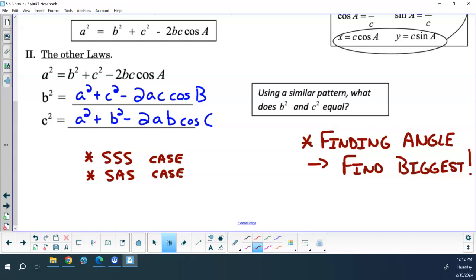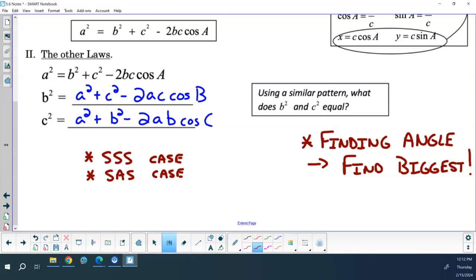So if we find the biggest one first, then when we go to the law of sines to find the second angle, it's there for us in the land of sine, which is quadrant number 1 and quadrant number 2. Okay? So really it's only quadrant number 1. So we're going to find the biggest angle first with that one.